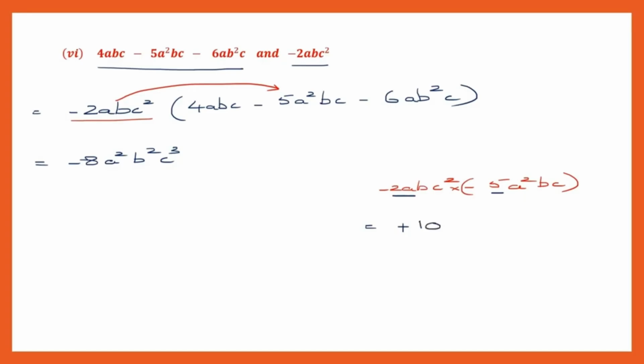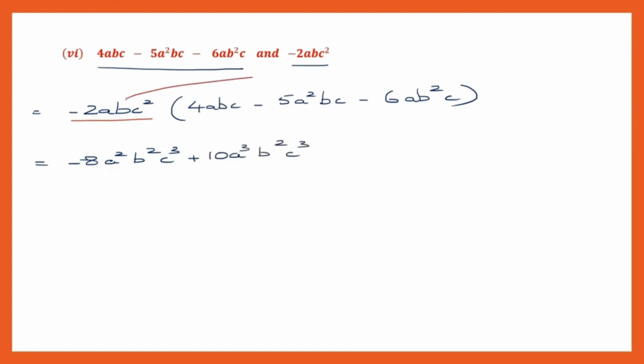We have 1a here and a square. So that makes it a to the power of 3. 1b and 1b, b to the power of 2. C to the power of 2 and c to the power of 1 makes it c to the power of 3. So what do we have there? We have plus 10 a cubed b square c cubed.